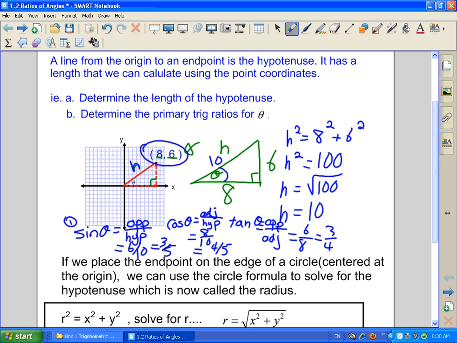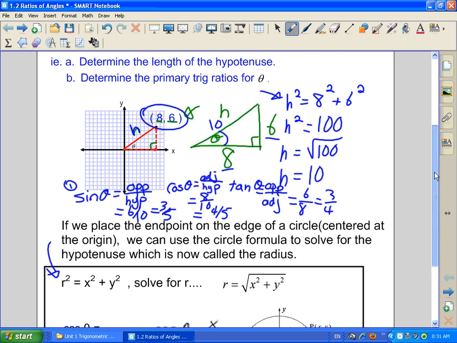I was jumping the gun there a bit, guys, but the radius is the same as your hypotenuse, so I don't want to confuse you there. We use Pythagorean theorem to find the missing piece of the puzzle because, again, we had two sides, and if you have two sides of a right triangle, you can find the third. So we found the hypotenuse, and then we stated the three primary trig ratios.